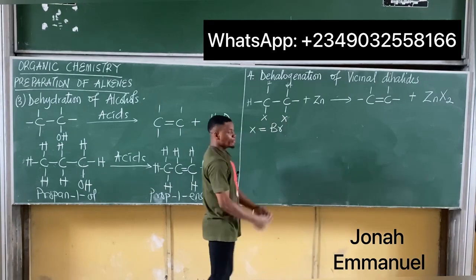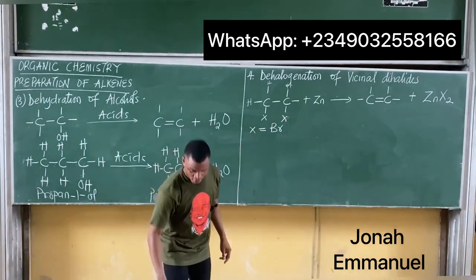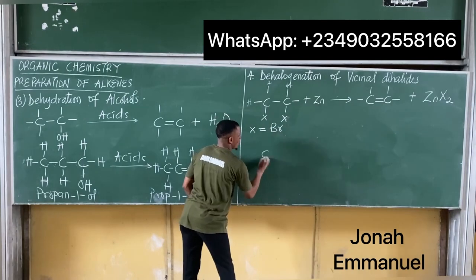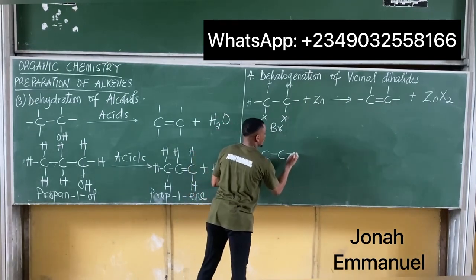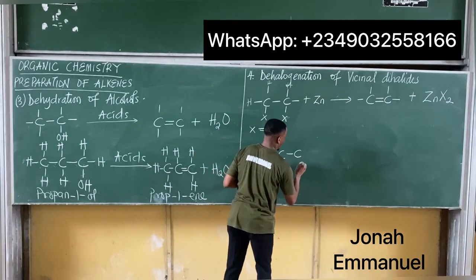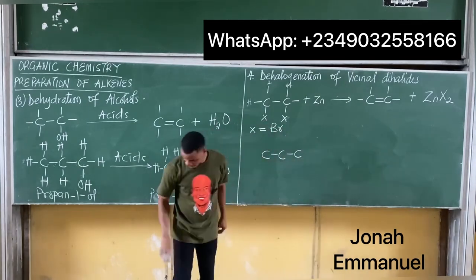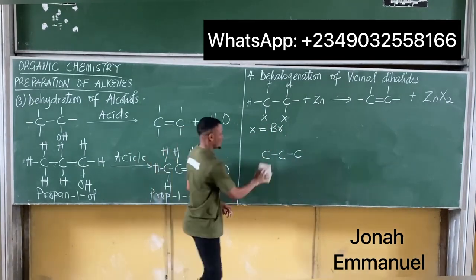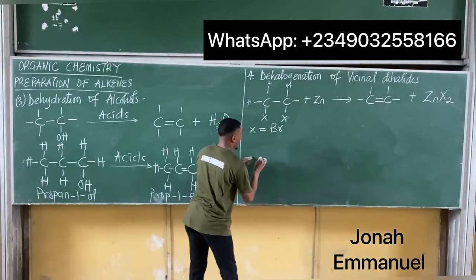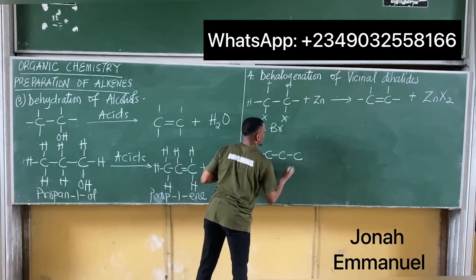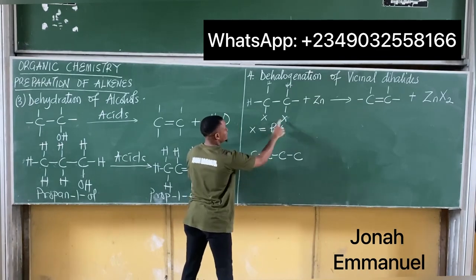Let's use butane, which is 4 carbon. So I'm having 1, 2, 3, 4. Put the X here.